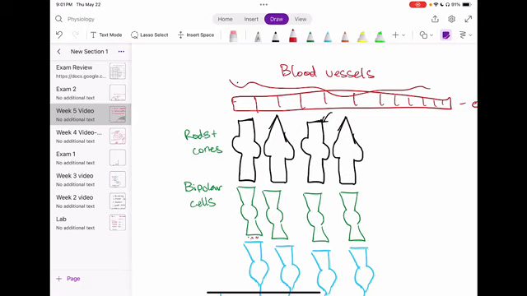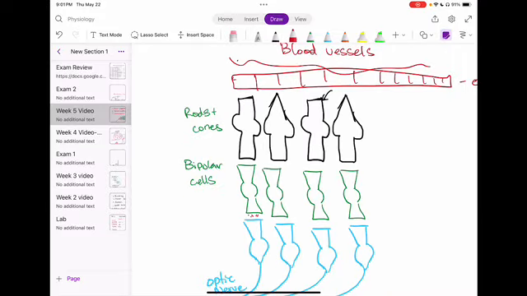So right here, if we remember, we have our mGluR6 and our TRPM1, and calcium comes in.